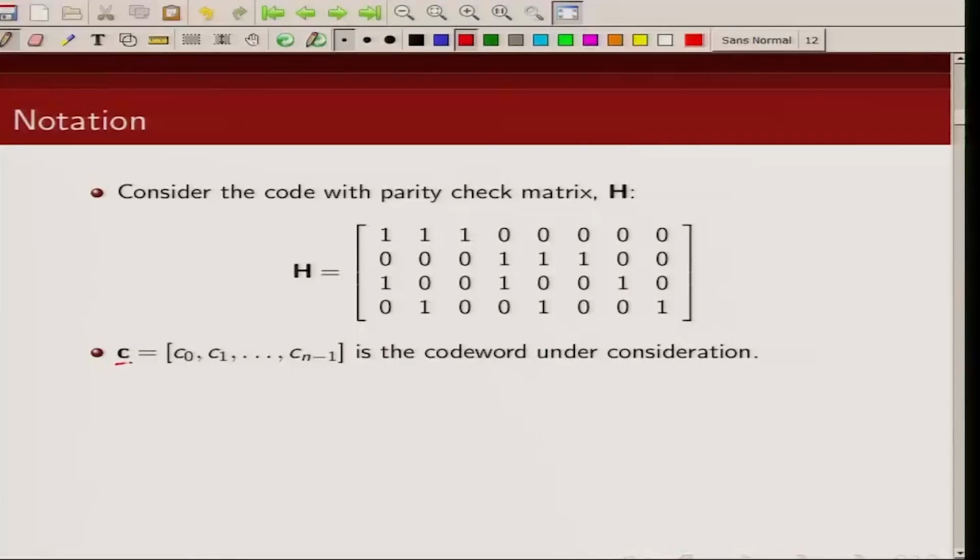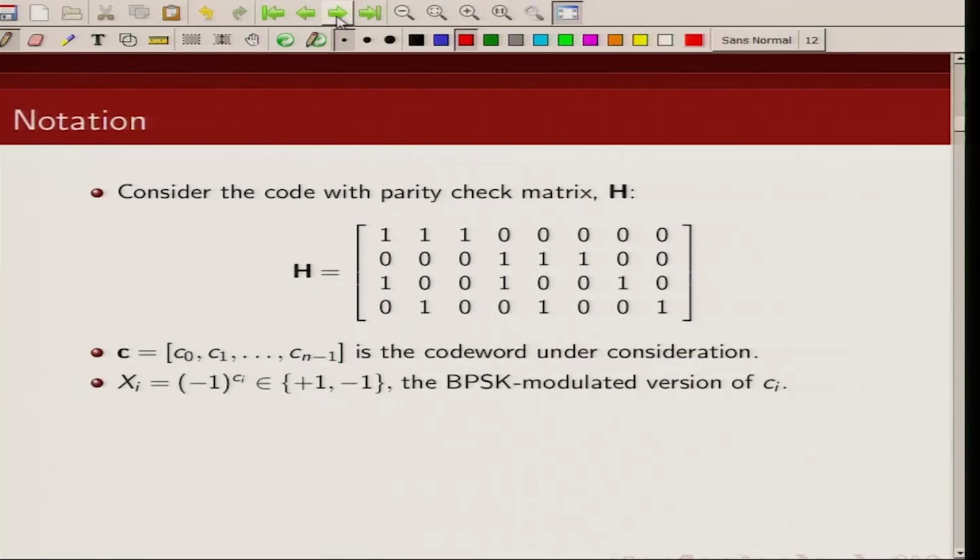So, we are using C to denote our code word. This is an n bit code word C0, C1, C2, up to Cn, that is our code word. Now, this code word is modulated using BPSK modulation. So, we are mapping 0 to 1 and 1 to -1.